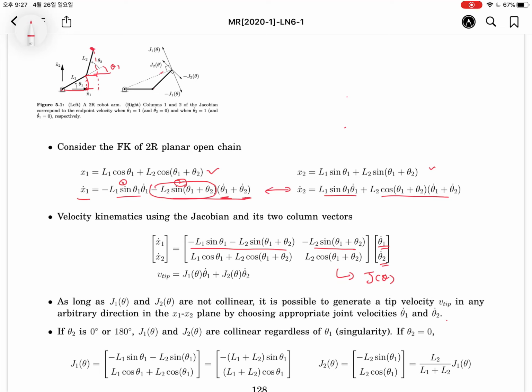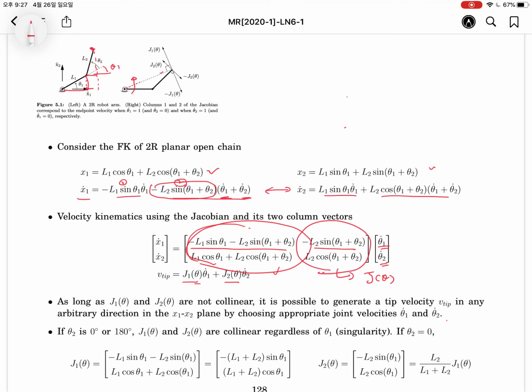Let's denote each column vector as J1 and J2. In the geometric viewpoint, J1 is obtained from zeta 1 dot like this.